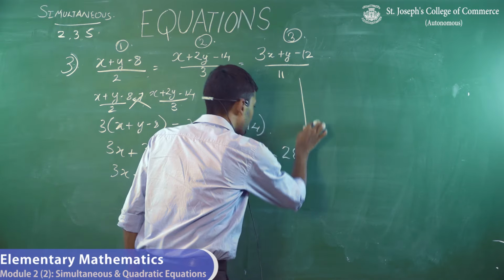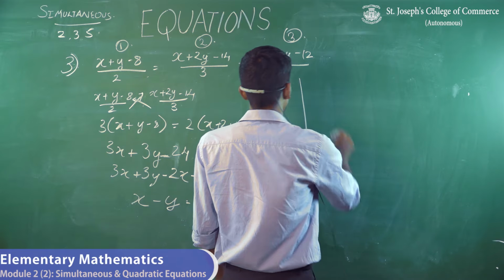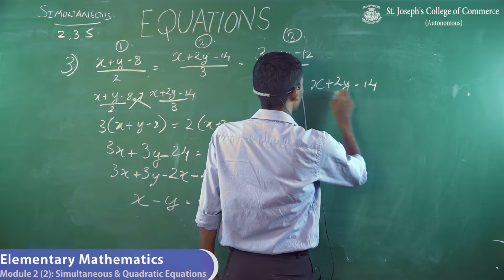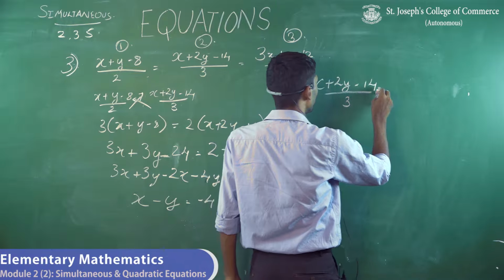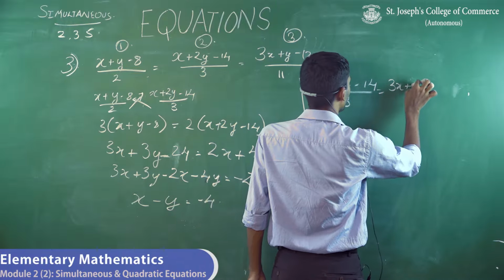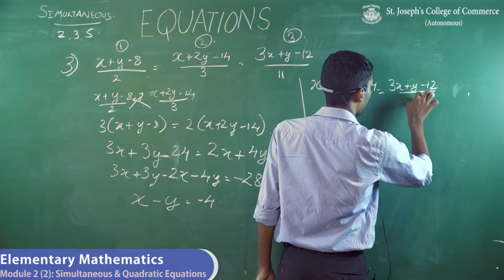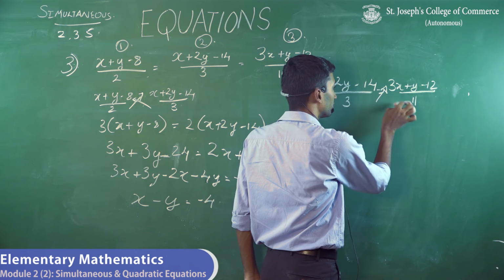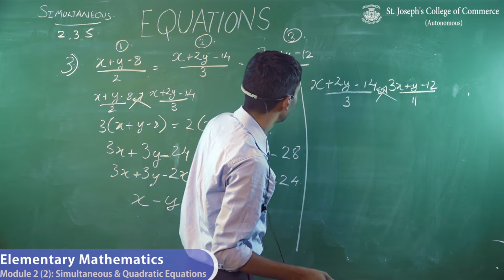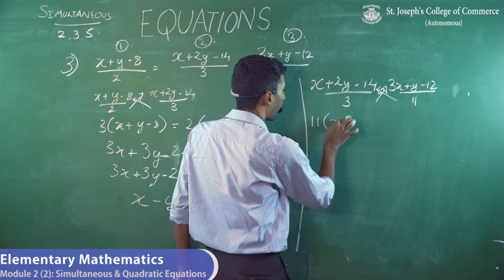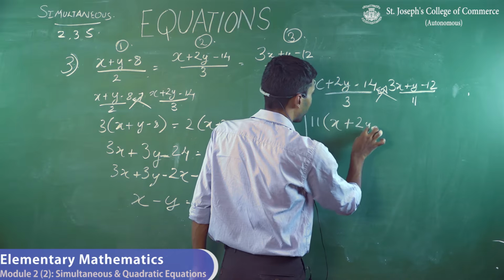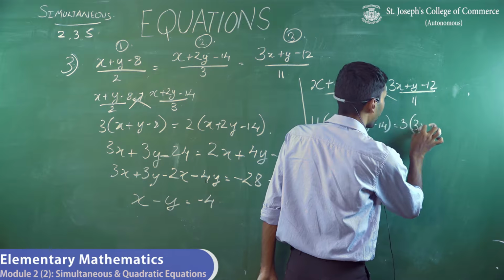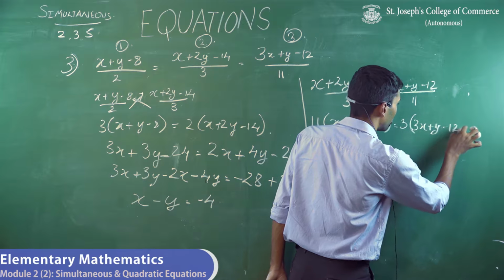Similarly, I take equation number 2 and equation number 3. That would be x plus 2y minus 14 by 3 is equal to 3x plus y minus 12 by 11. So we're going to cross multiply the same way and get the other equation. That would be 11 into x plus 2y minus 14 would be equal to 3 into 3x plus y minus 12.